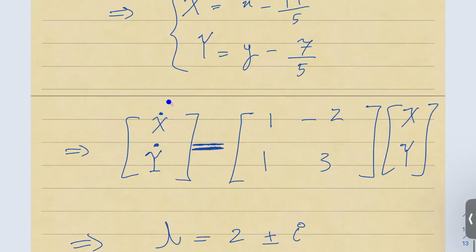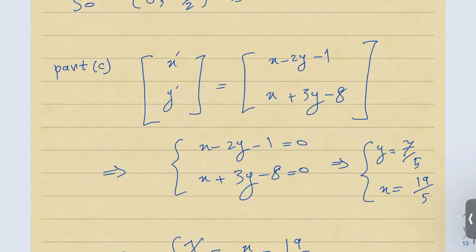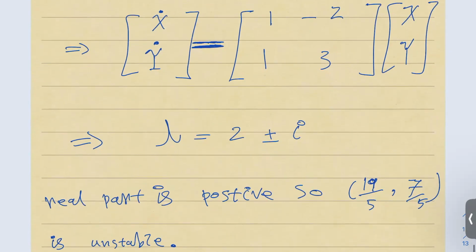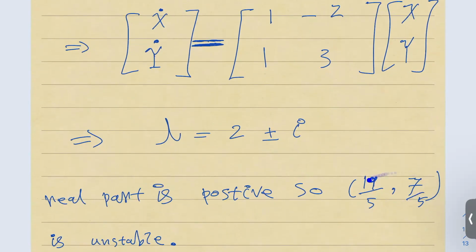So this will be x prime, y prime, 1 minus 2, 1, 3. So it will be here 2 plus minus i. The real part is positive, so this critical point is unstable. Okay.